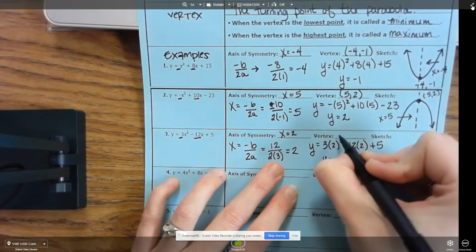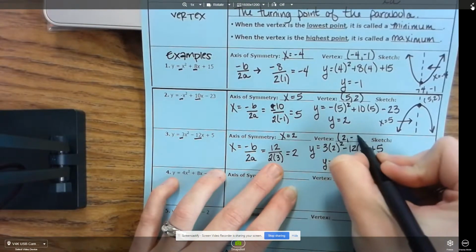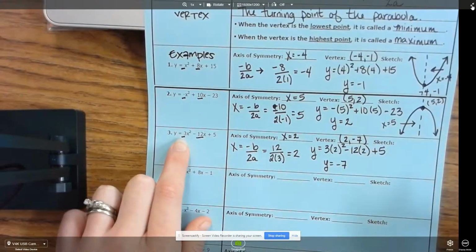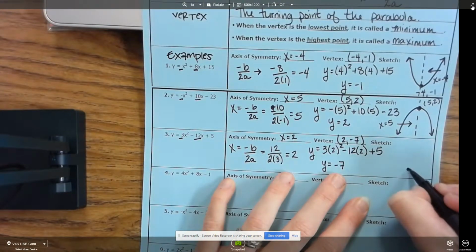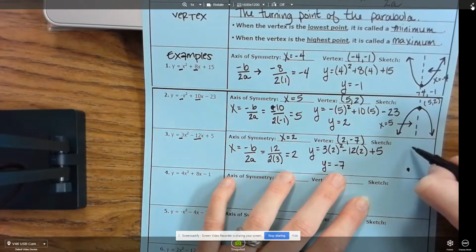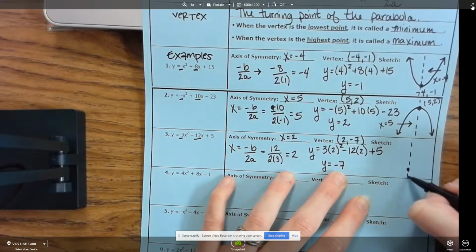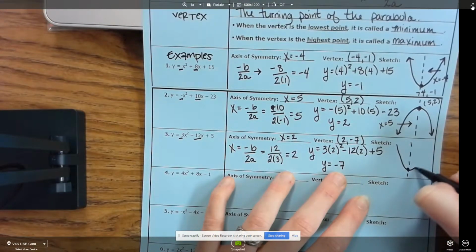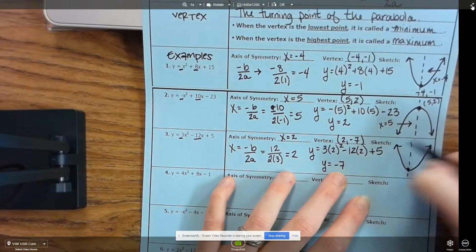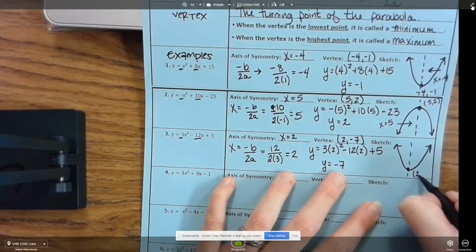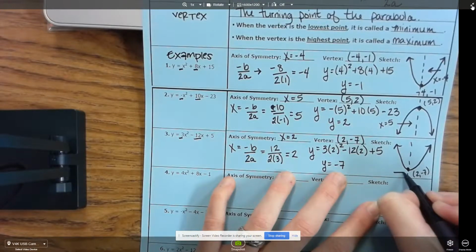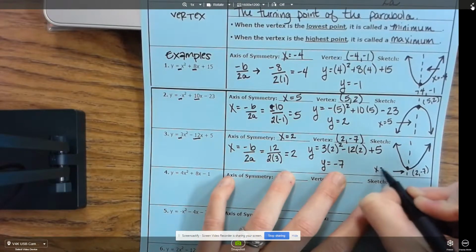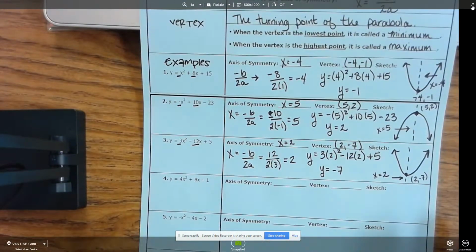So my vertex is going to be (2, -7). I've got a positive a, so it's going to open up like a smile. So my vertex is (2, -7), and my axis of symmetry is x equals 2.